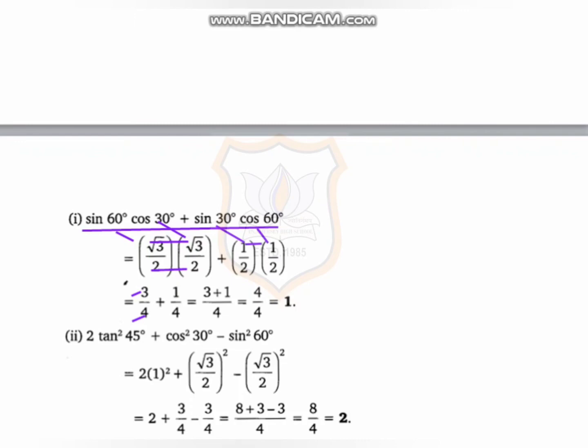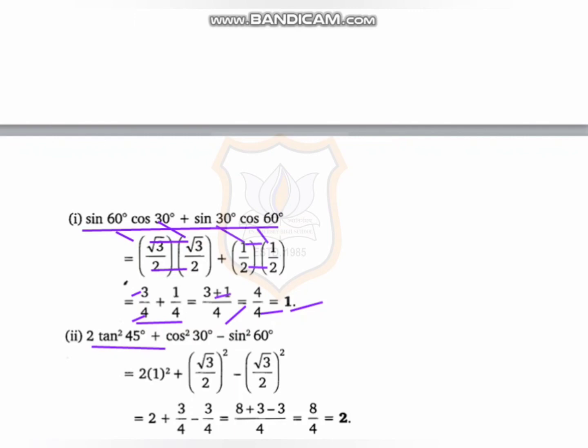In the same way 1 multiplied by 1 and 2 multiplied by 2, we get 1 by 4. Here the denominator is the same, 4, so 3 plus 1 is equal to 4, and 4 by 4 is equal to 1. Means in this exercise the table is important, and if we remember the values of all the thetas with sine, cos and the others, we can easily solve this type of sum.